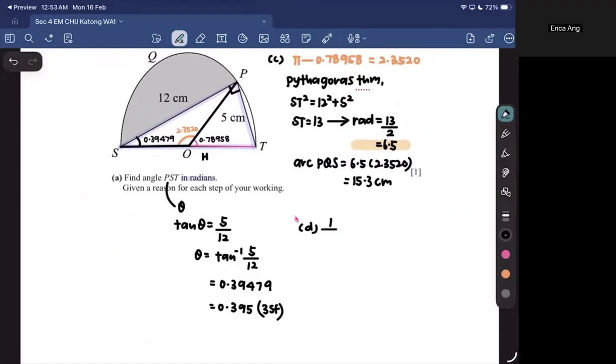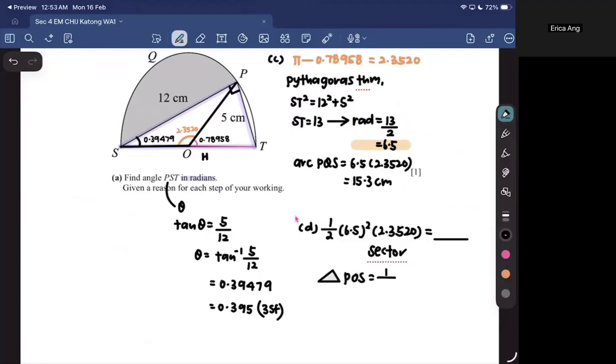So half, your r is 6.5. So r square theta is this one. You don't have to always look at the whole figure. I don't even need to use the semicircle. This is your sector area. Then next I want you to find triangle POS.